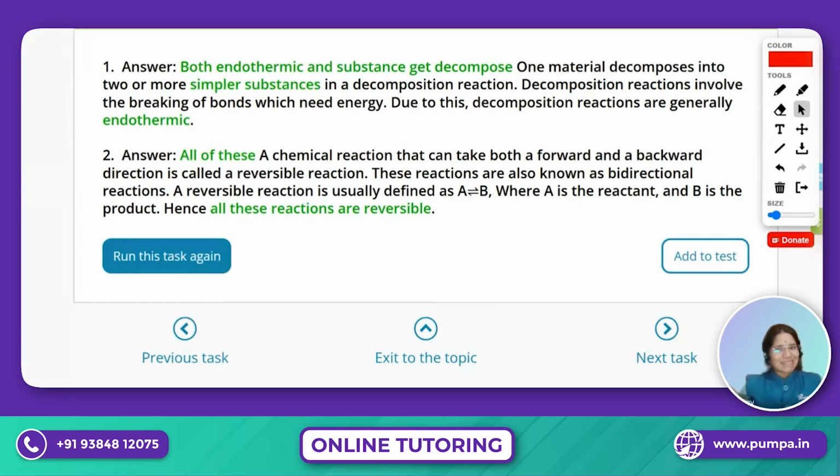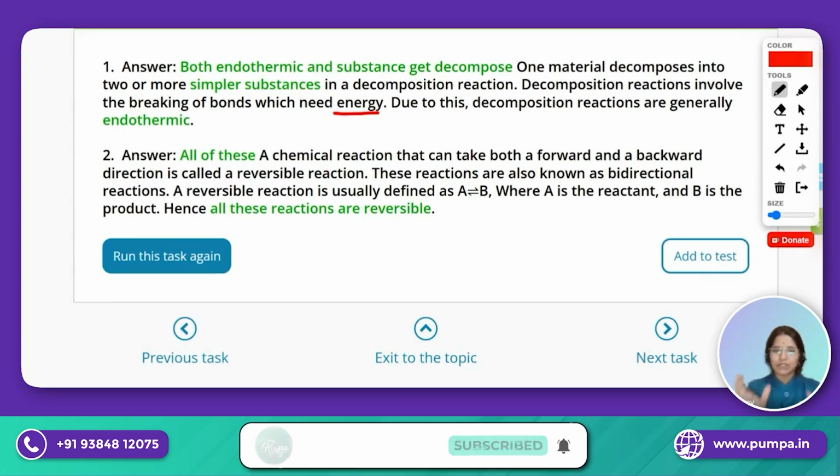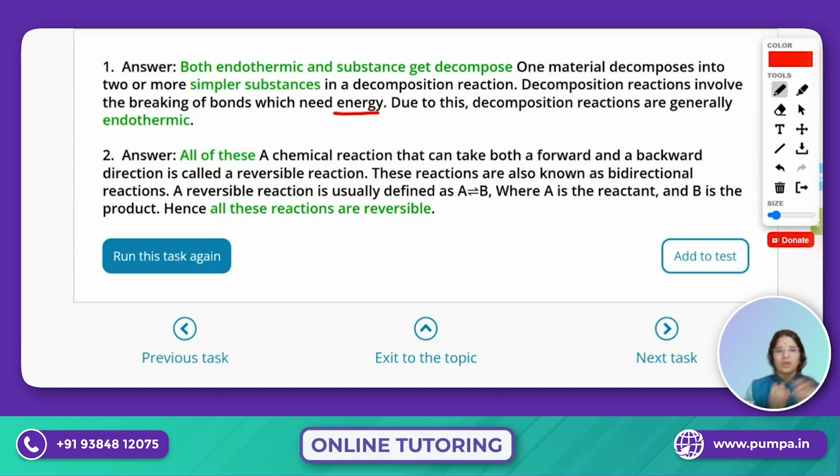What type of external force is required? That is heat energy. So some amount of energy is taken in by the substances to break them into simpler parts. Got it? Is this clear for everyone, or do you have any doubts? No, ma'am.